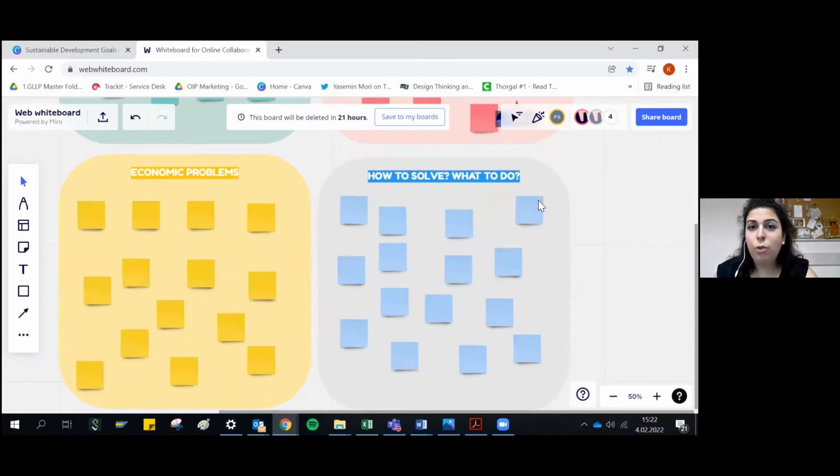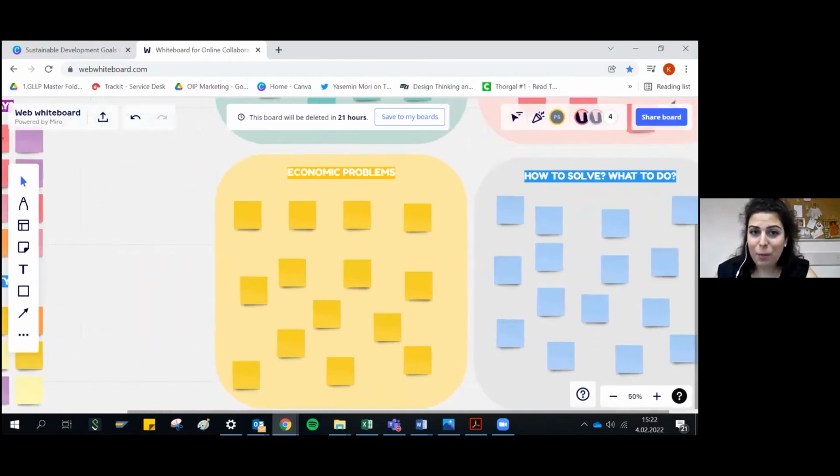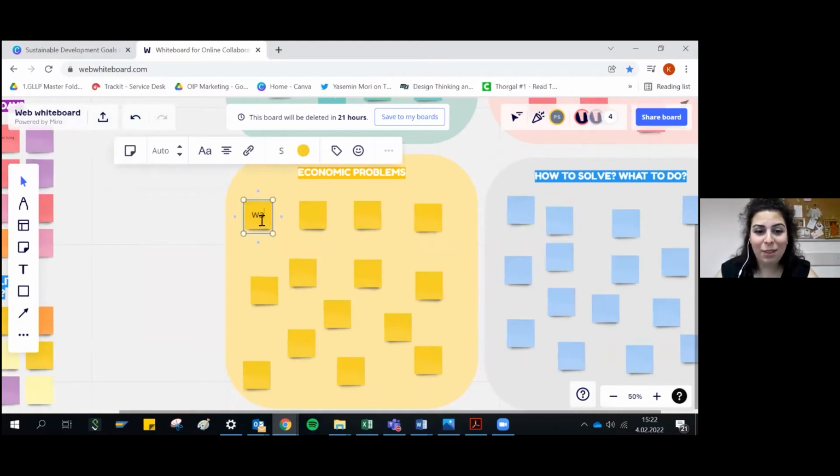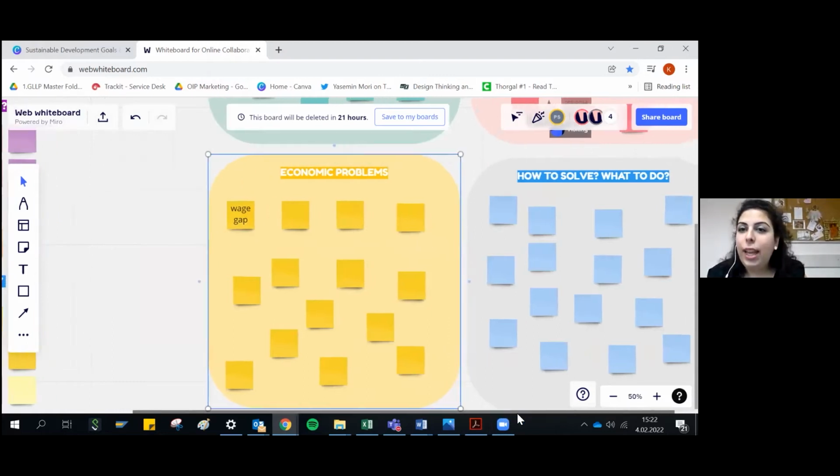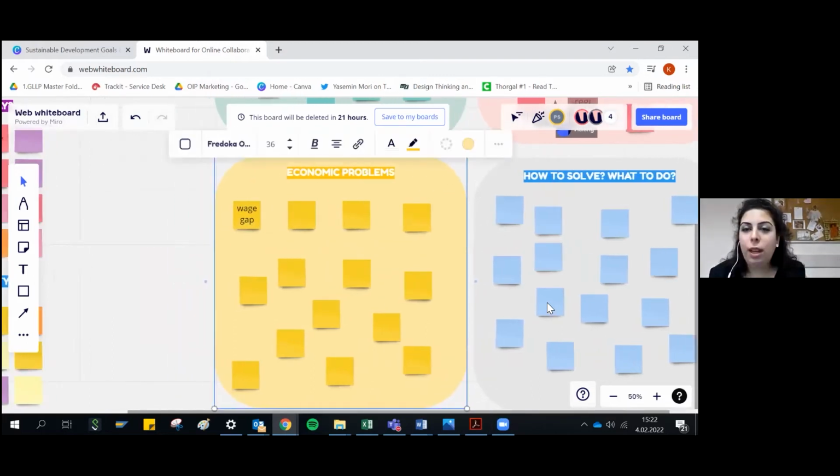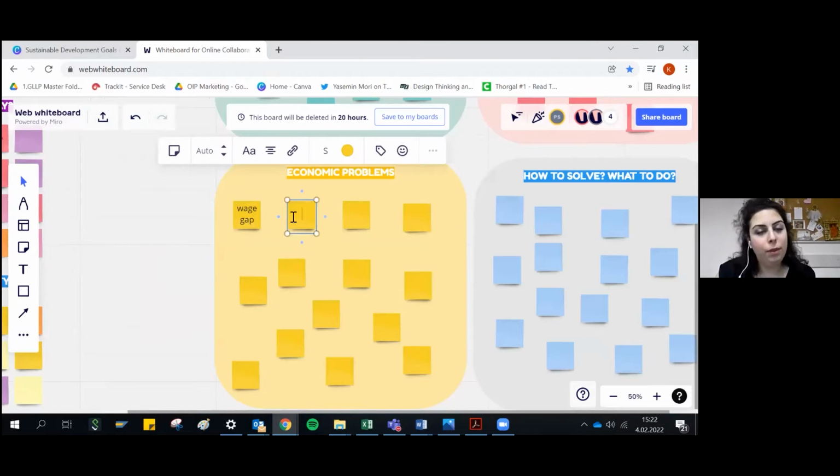And this is the beauty of sustainability. We will come to that. You can add to economic problems, you can add to social cultural problems, up to you, folks. But maybe you can think of economic problems and we will add to that pen.